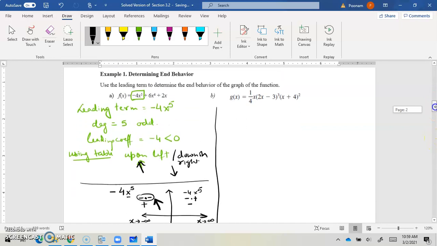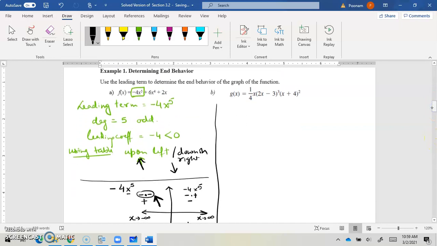Let's look at one more example. We have g of x is equal to 1/4 x (2x minus 3) cubed (x plus 4) squared. Now this is not a regular polynomial. We'll have to simplify it all to find the leading term. I don't want to do all that work. So what I do is, the leading term is equal to the leading term of each of these components, multiplied.